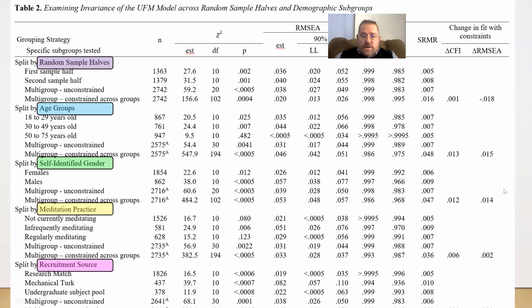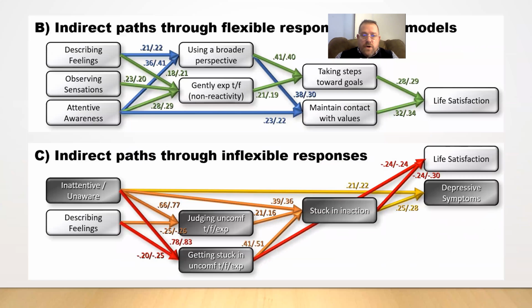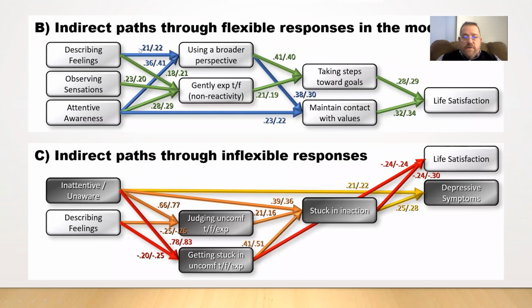When we showed the model to readers, we showed the coefficients that emerged in both random sample halves to show that it was replicated. And we found that indeed these lenses that made you attentive and aware helped predict using a broader perspective and gently experiencing feelings, which helped predict taking steps towards your goals and maintaining contact with values, which promoted life satisfaction.